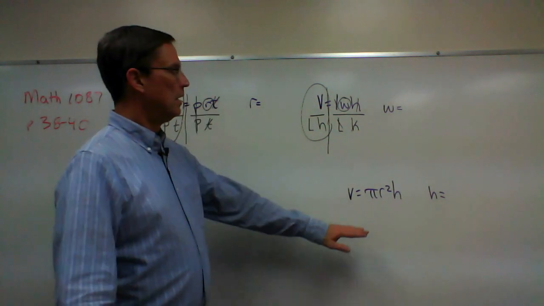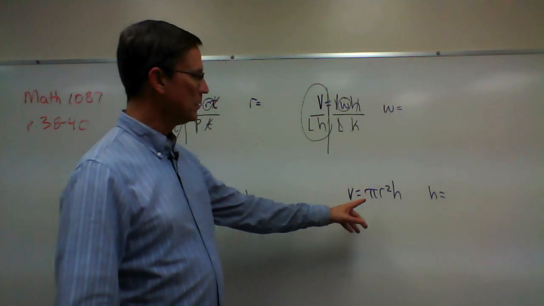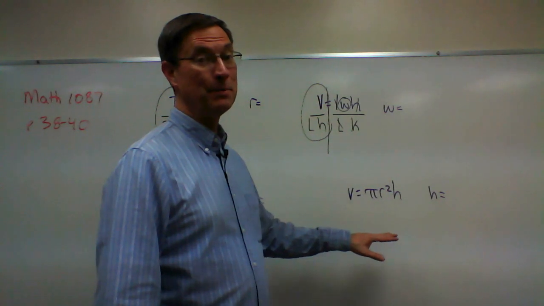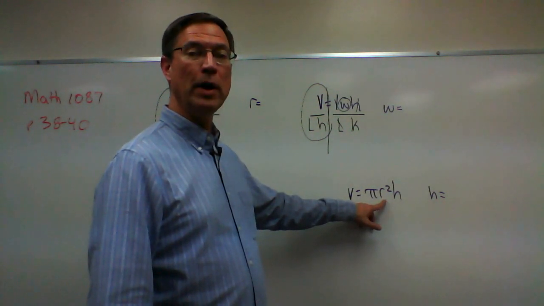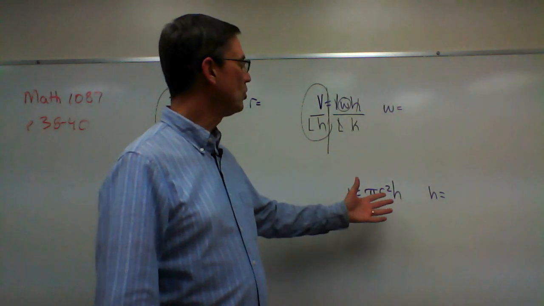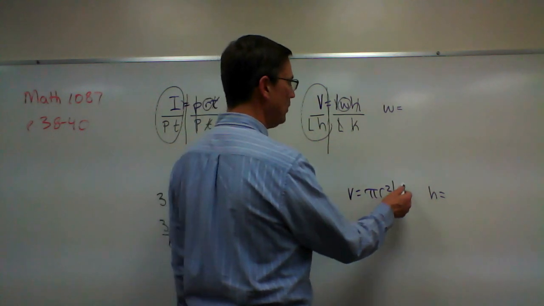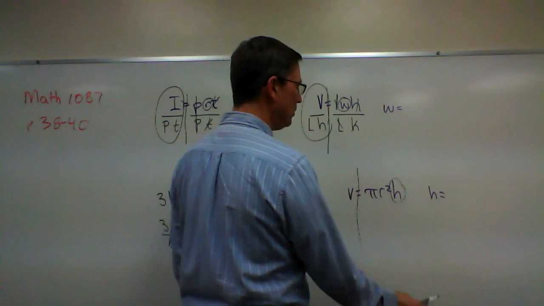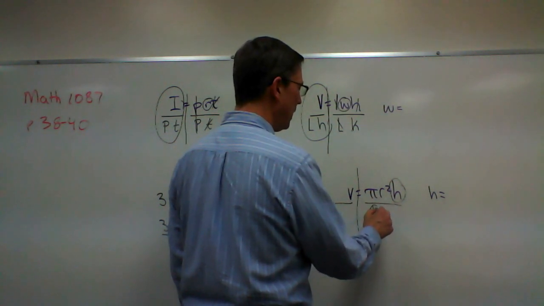One last one, let's look at this. This looks complicated because we have a pi in there. Pie, I love pie. Pumpkin pie, lots of whipped cream. R squared, okay? But we're not really solving it, we're just trying to isolate h by itself. So I always like to circle the one I'm solving for, draw a line through the equals, and say, all right, I need to get rid of the pi, so I'm going to eat it.